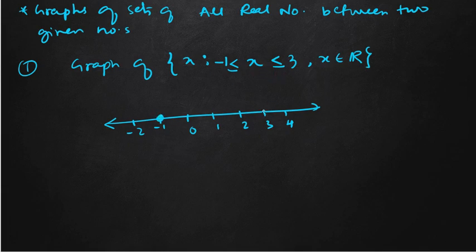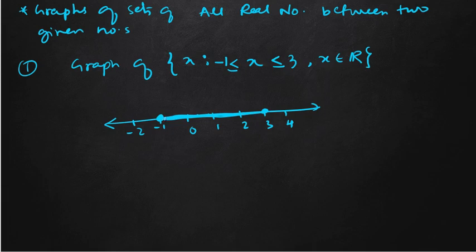So we have to include -1 and 3, and in between -1 and 3 we have all the real numbers. So what we will do, we will just darken or bold the number line between -1 and 3 like this. Okay, with your pencil or pen you can shade it, or you can make a little bit bolder line.